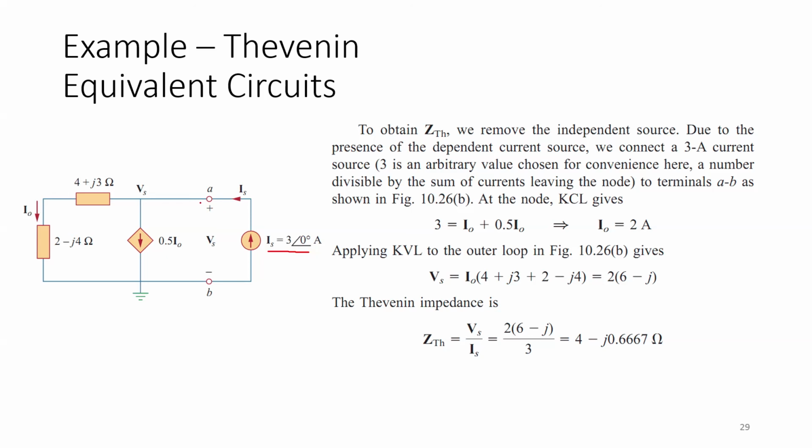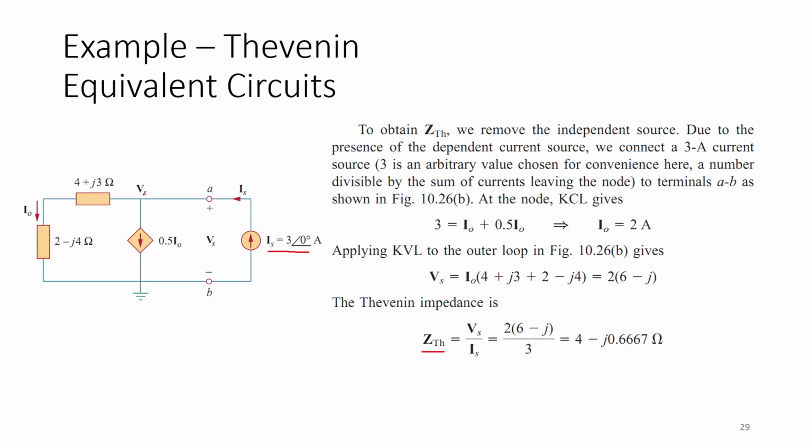After taking the ratio of voltage and current at these two terminals, we get the final Thevenin equivalent impedance. So how it works, we apply simply KCL.